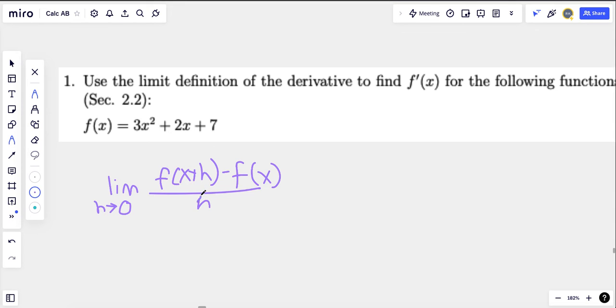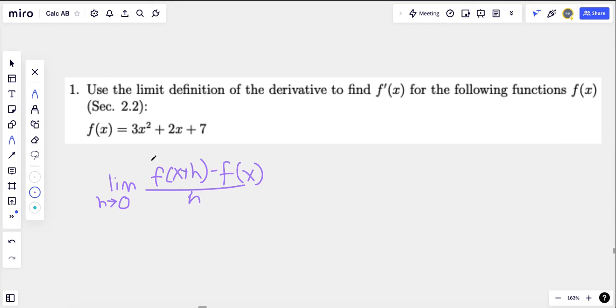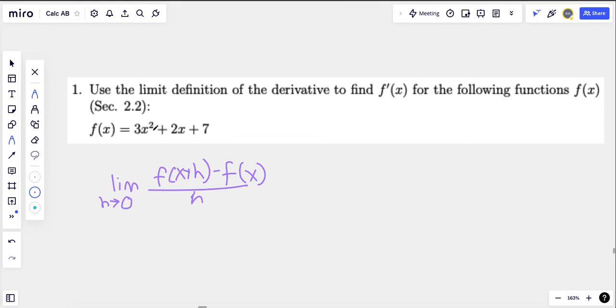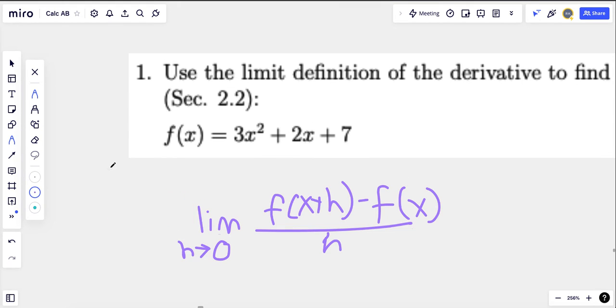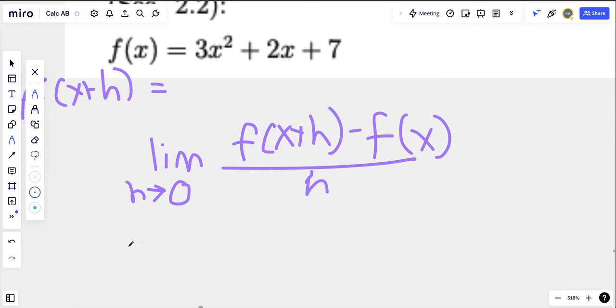Okay, so now all you do for these is they're going to give you a function, and you just rewrite this function as f of x plus h. If you were to do that, you'd get 3 times x plus h squared plus 2 times x plus h plus 7. Okay, so now let's write that in here.